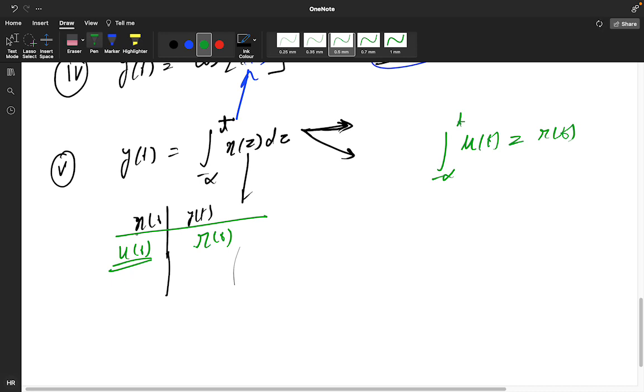And if I am taking x of t as sine t, I will get a bounded signal, a cos function. So in this case a finite value is coming.